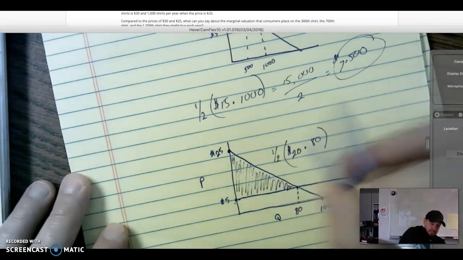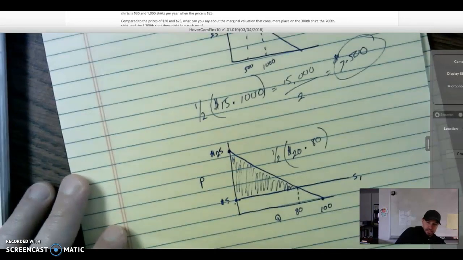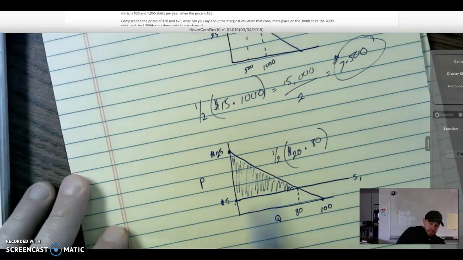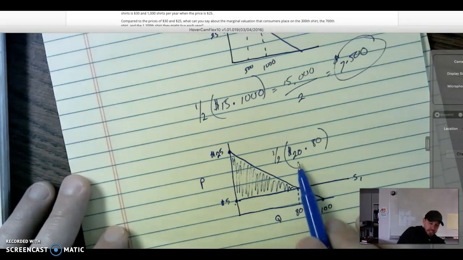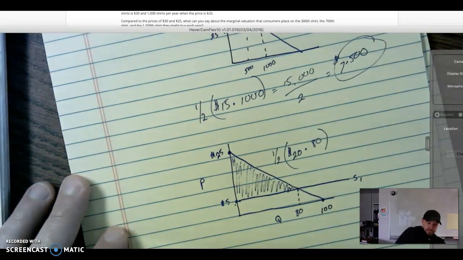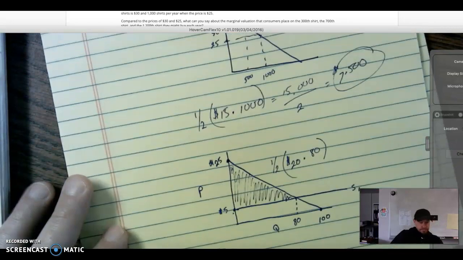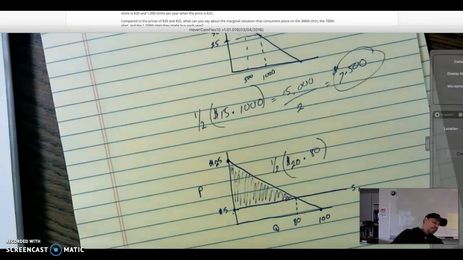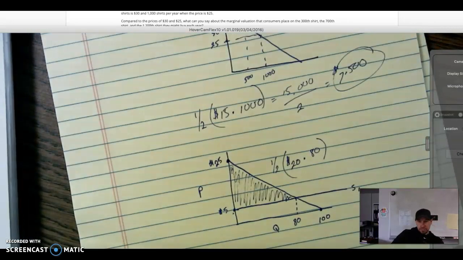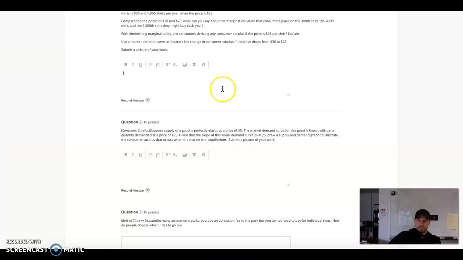And because we're doing the area of a triangle, we take it by a half. So 1/2, you could do base times height, however you want to look at it. So $20 times 80. Get your math on that one. I'll let you figure that out. That's how we do that problem. That's number 2.